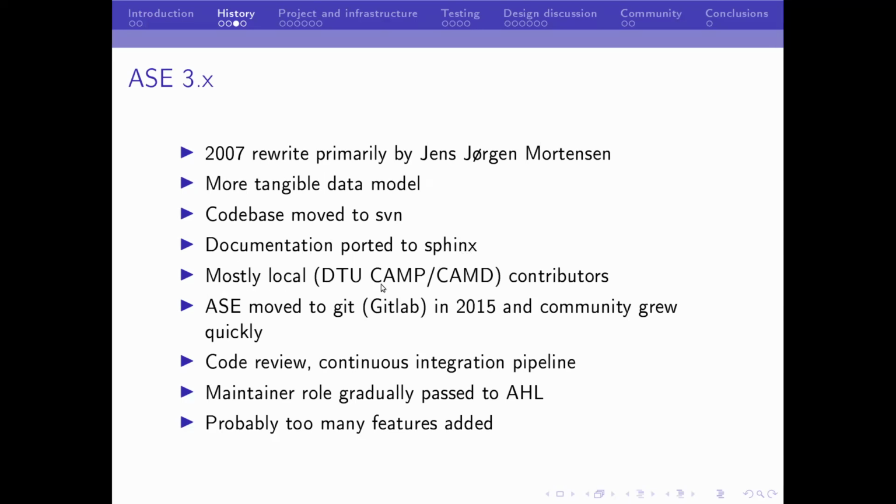So in those years, it was mostly still local people who were working on it, but there was an increasing number of people from other universities, and sometimes adding these calculator interfaces, such as Siesta and Abinit. And then eventually, Git became kind of an interesting option, because it was not so nice to work with SVN, because you commit something and immediately it's there for everyone.